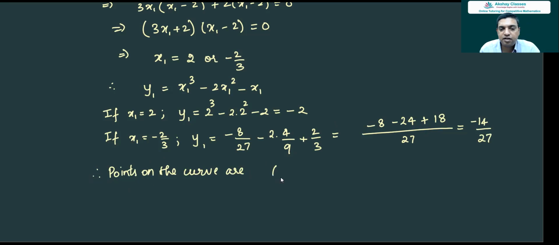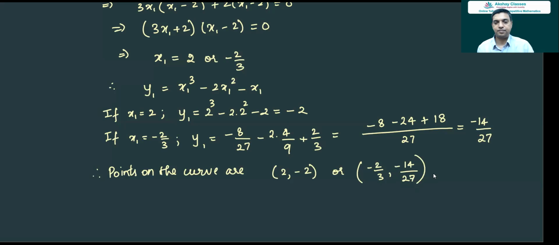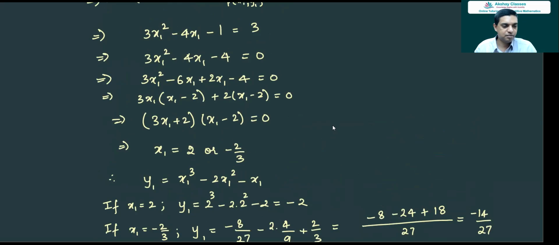So the points on the curve are 2 comma minus 2 or minus 2 by 3 comma minus 14 upon 27. So there are 2 points on the curve which will have tangents parallel to the line y equal to 3x minus 2.